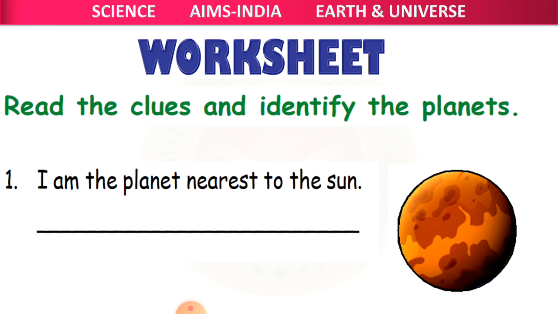Okay, children, see here you have the planets, where we have to identify the planet. One more worksheet also, so you can also color in these colors as already mentioned in the project. Clear? Now, I am the planet nearest to the sun. We have to identify the planet.